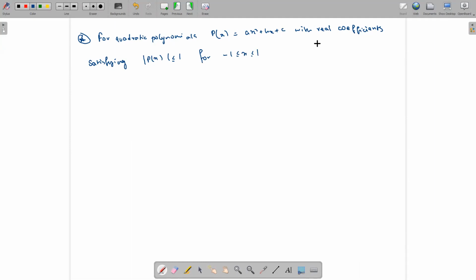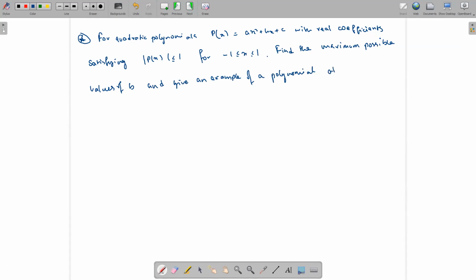So find the maximum possible values of b, and give a polynomial attaining the maximum, and give an example of a polynomial attaining the maximum.